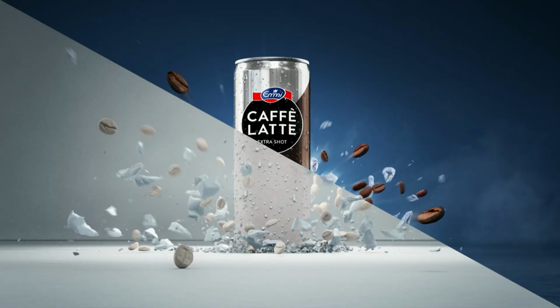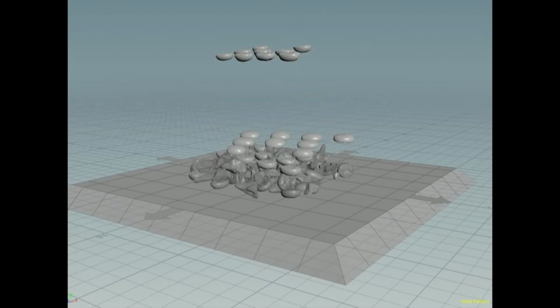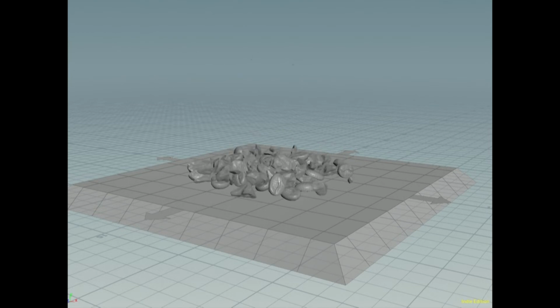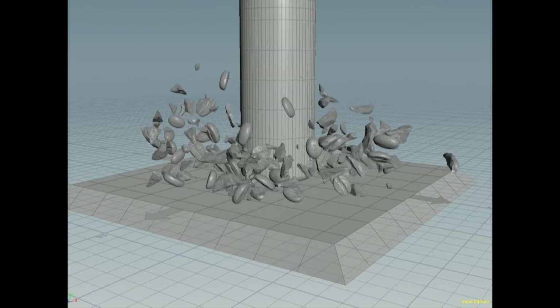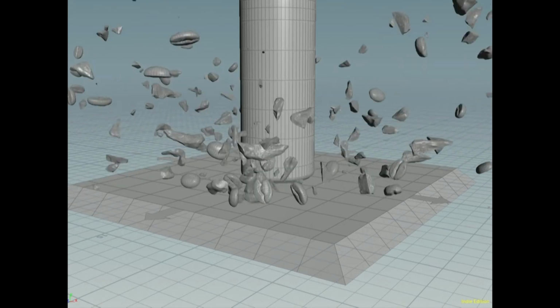We were asked to do a television ad for a product. We did the last TV ad for the client in 2017, and it was a similar ad. It's about a can. Well, it's a drink. It's an energy drink, a coffee energy drink for Emmy, one of the biggest milk and cheese drink producers in Switzerland.